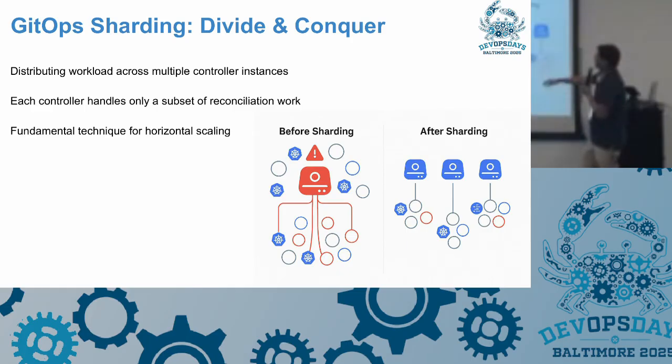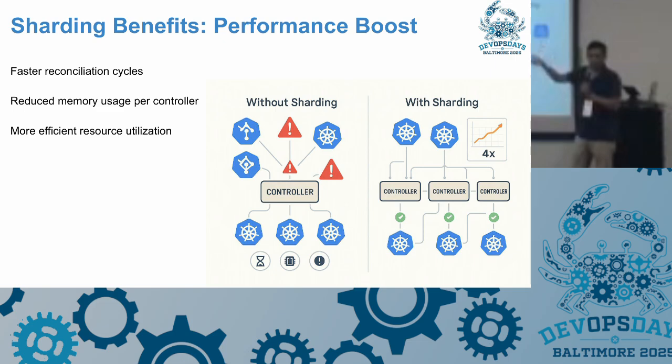What sharding will do is divide your workload into multiple controllers instead of running one. In GitOps, the controller is the main part which updates the state of the application from the version control, right? So you can see the difference.